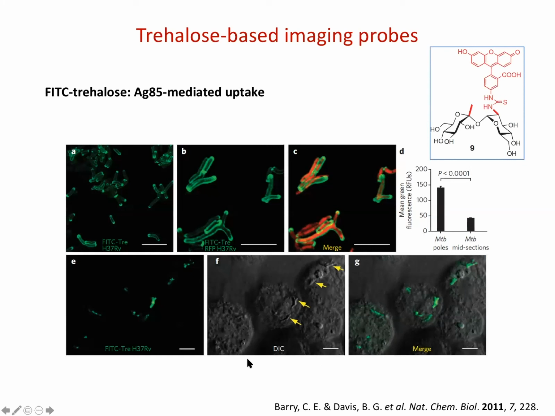Most importantly, they are also able to image or label only the mycobacteria that are infecting the macrophage. In other words, this trehalose probe is very specific for mycobacteria in the presence of macrophage or mammalian cells, which is highly desirable.